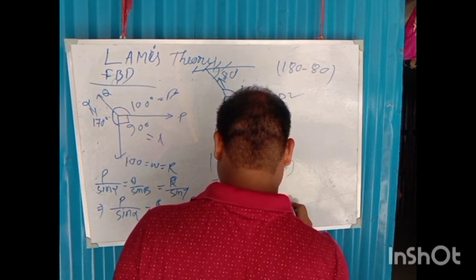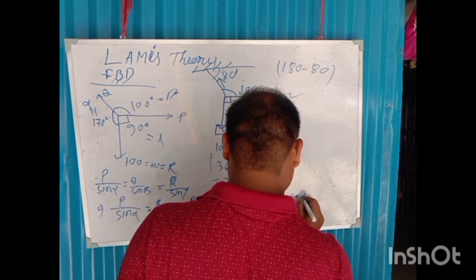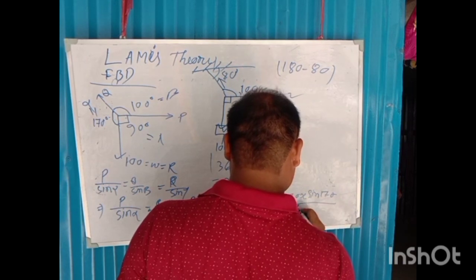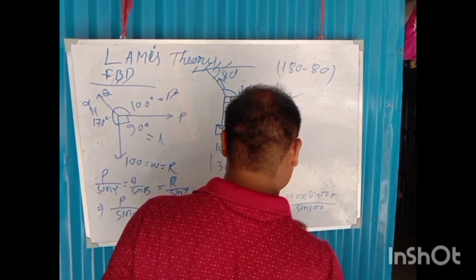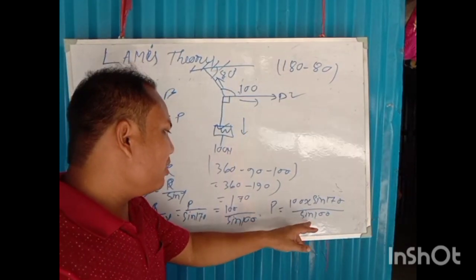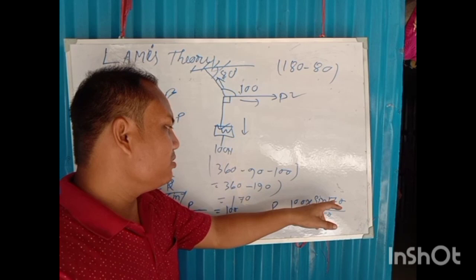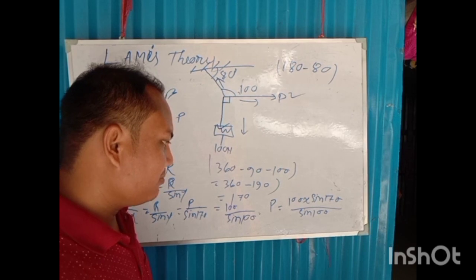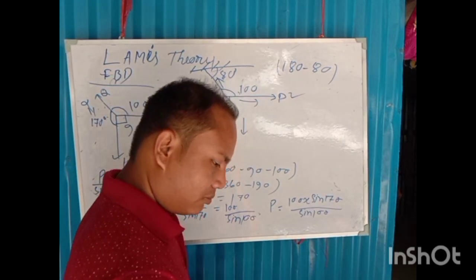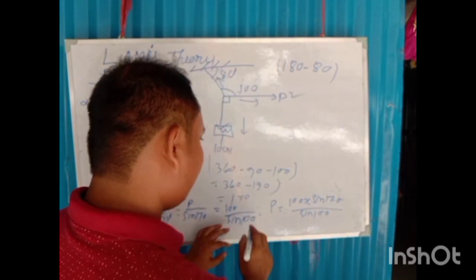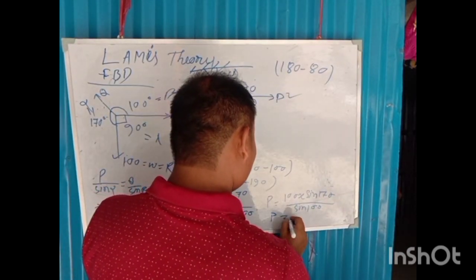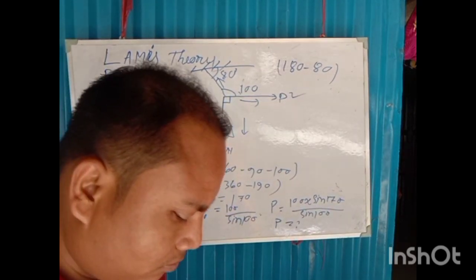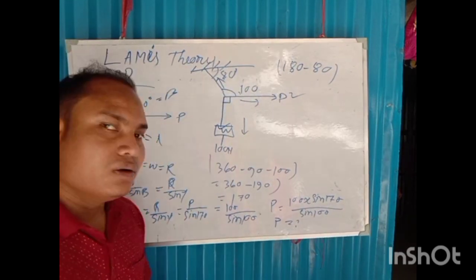P equals 100 into sine 170 degree by sine 100. If we put the value of sine 100 and also sine 70 degree, we can easily calculate the value. Okay, thank you.